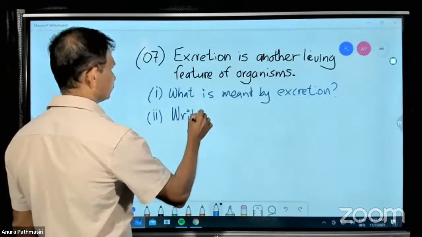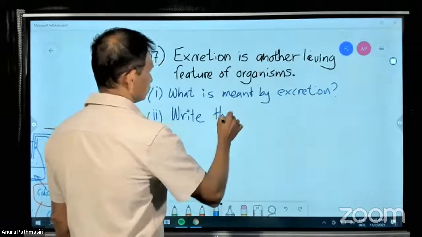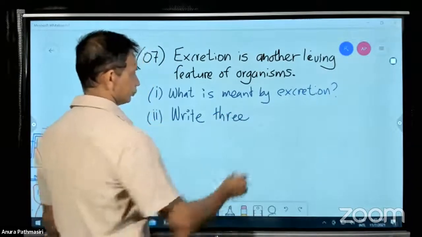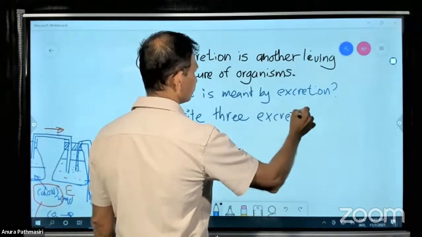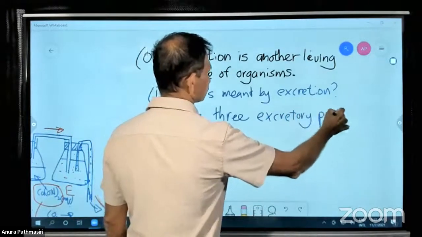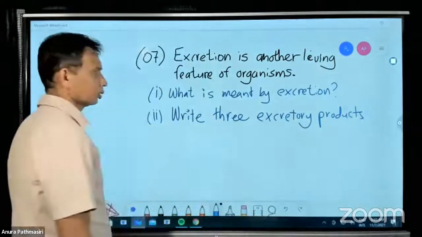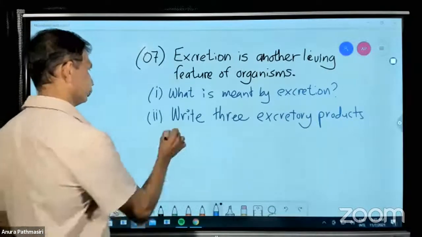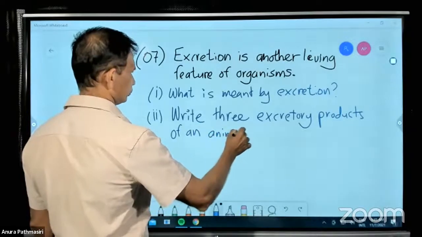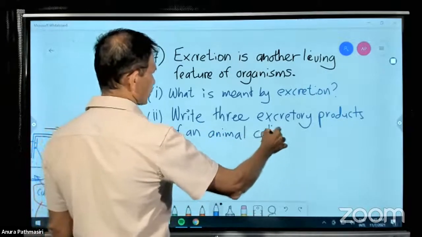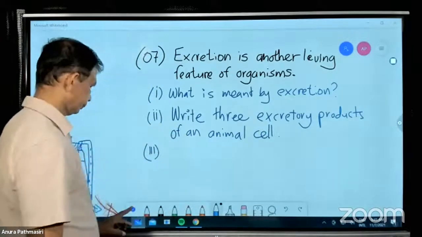Number 3. Excretory product of an animal cell.